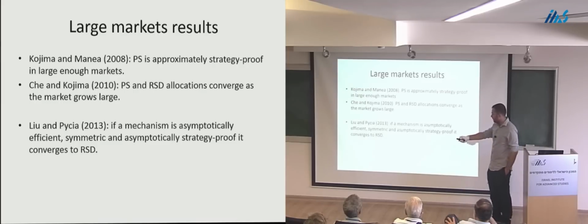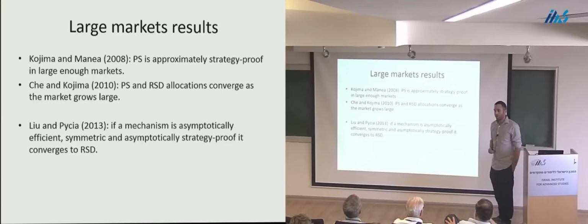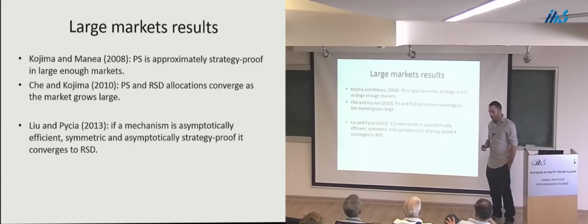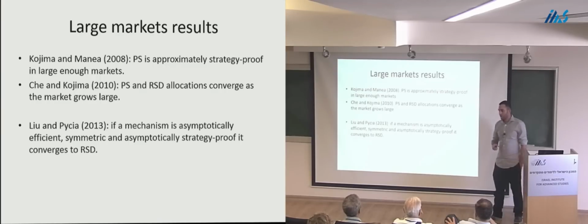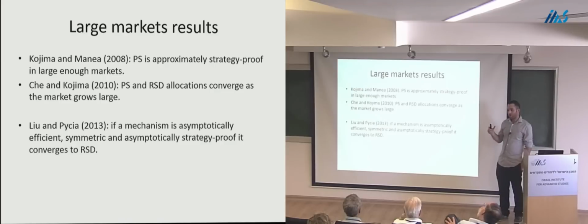And in fact, Liu and Pycia showed later that this result is more general than just probabilistic serial and random serial dictatorship. Any mechanism which is asymptotically efficient and symmetric, meaning that it treats all agents the same, and asymptotically strategy proof, converges to random serial dictatorship. So you can never get a matrix which is very different from the matrix we got before.